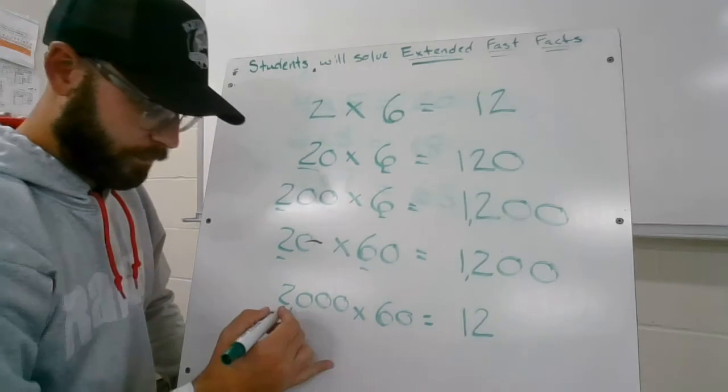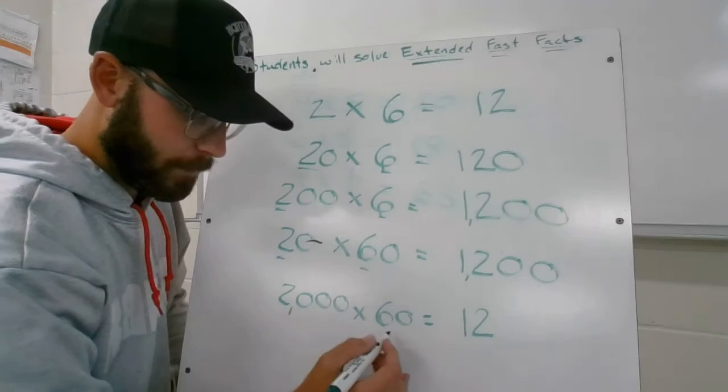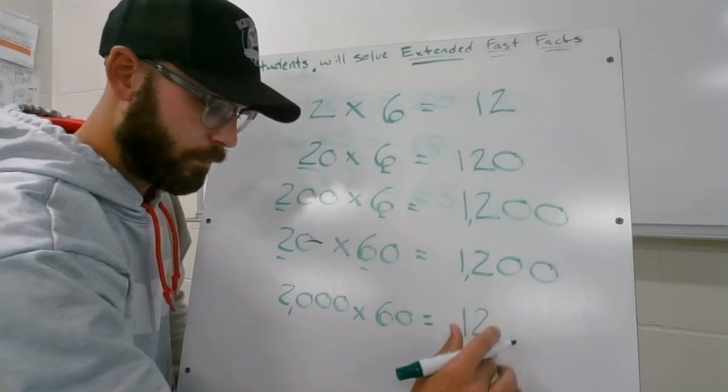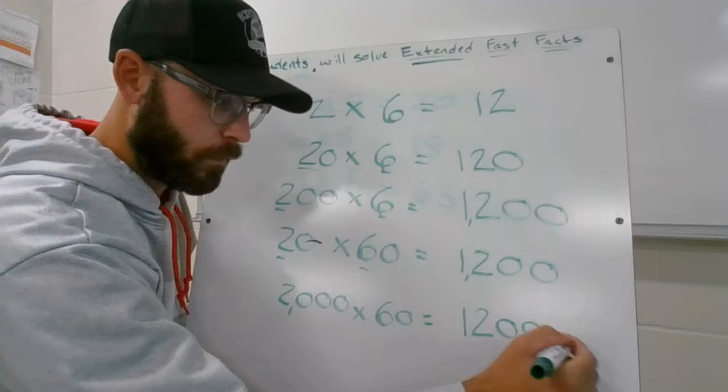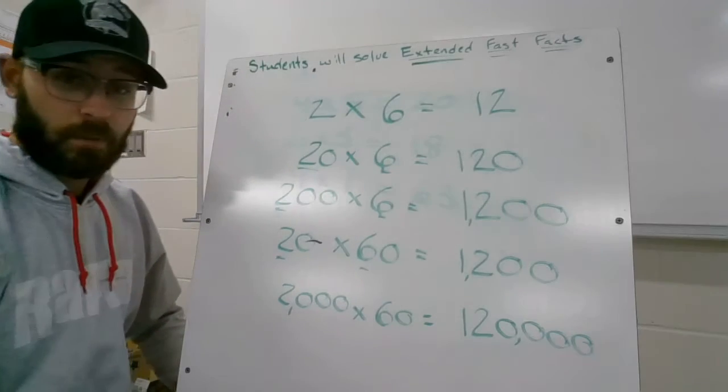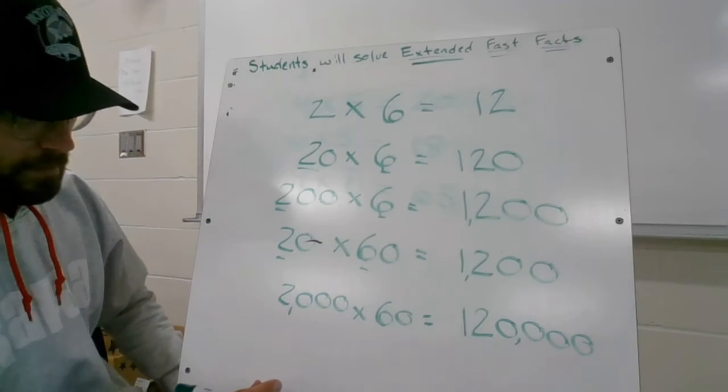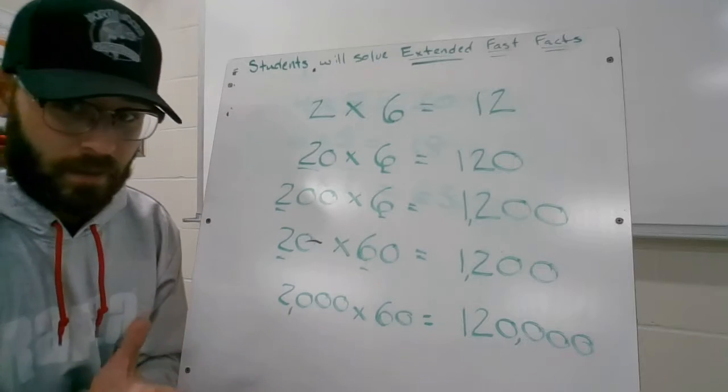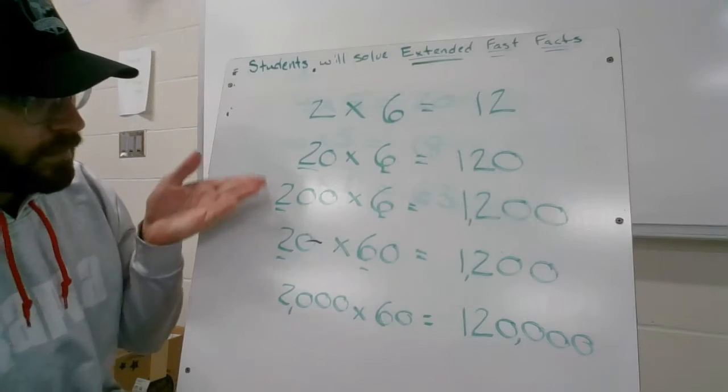This is a big one. That's a pretty big last problem. Let me double check on that one. Yeah, got it. Okay, so I want you to look at these problems.